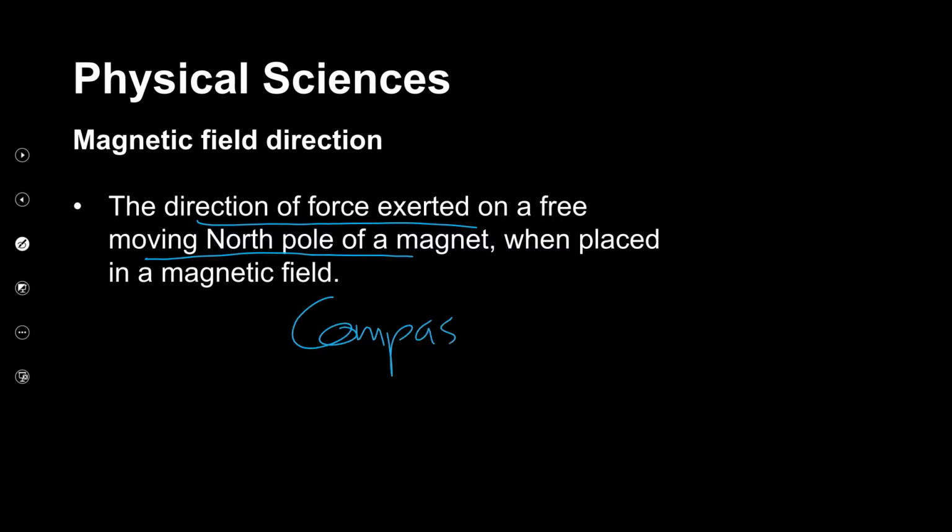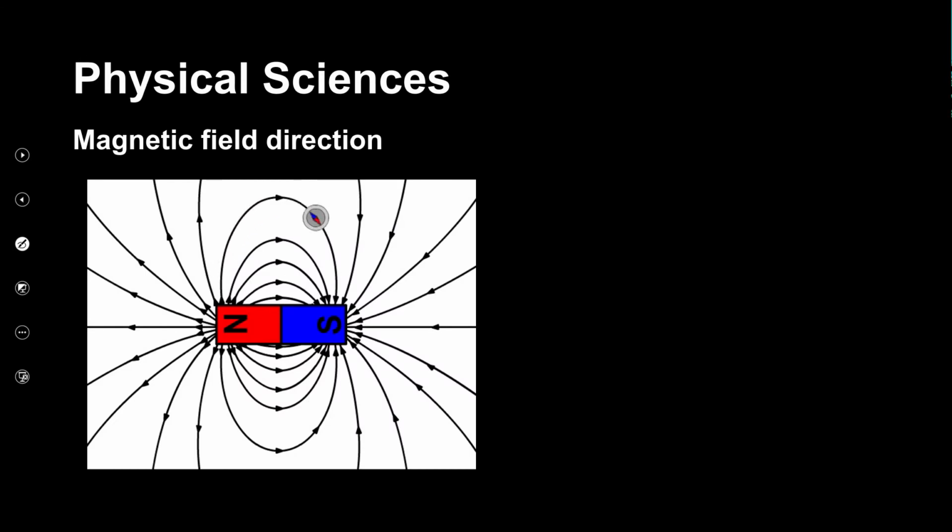So the direction the compass needle points will give us the direction of the magnetic field, and we can see that exactly here. Isn't that an amazing little simulation? So from the North Pole, look, the compass needle, the red side is the north end, and it's being attracted to the south end. These lines here are known as the field lines.